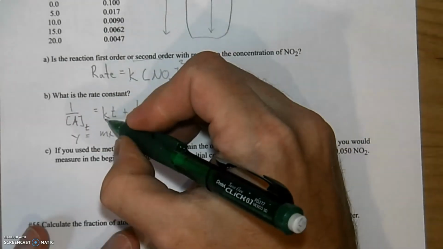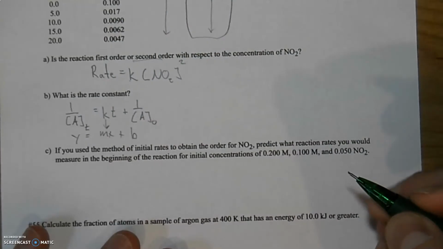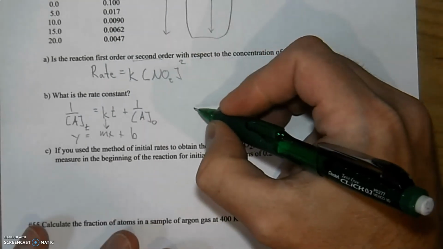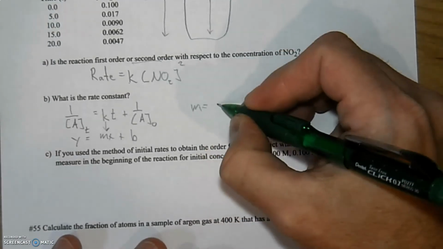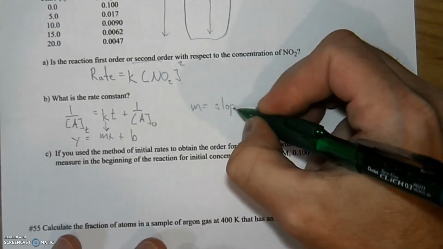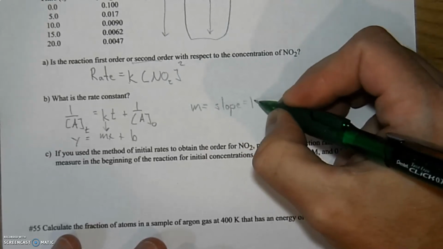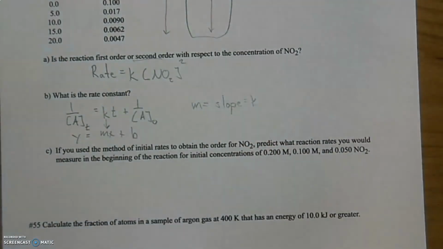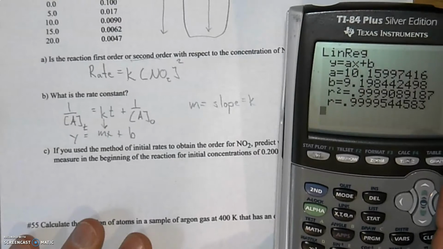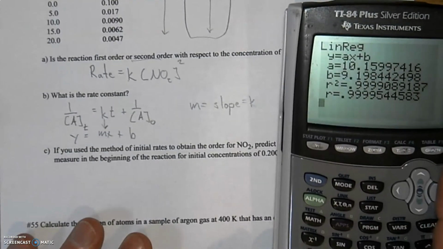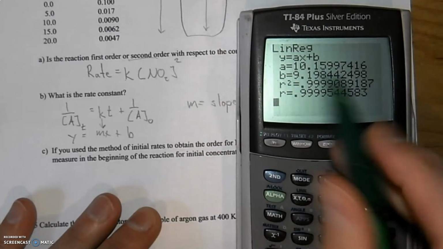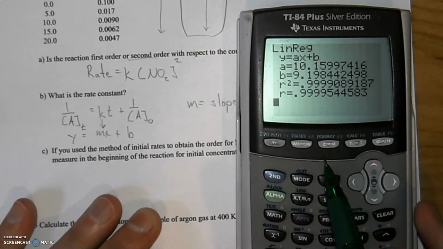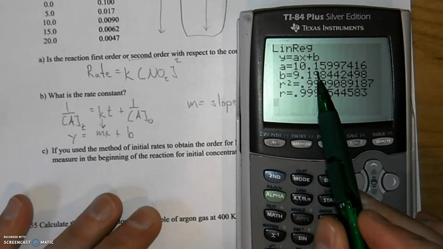The rate constant is the slope. So if I go back and look on my calculator, m is equal to the slope that we know, and of course that is equal to the k value. And if I take a look at my calculator, the a in y equals mx plus b is 10.16.